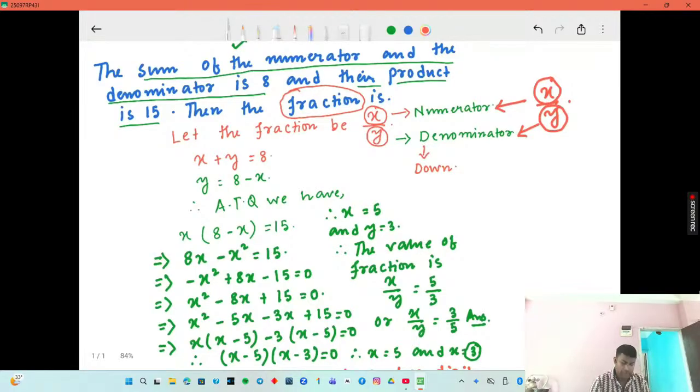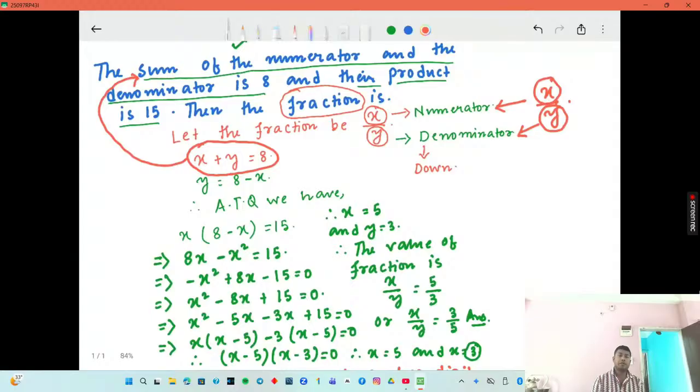Now here the question is given as the sum of the numerator and the denominator is 8. So I have written here x plus y is equal to 8. I can write it because the condition of this question is given like this, as x is the numerator and y is the denominator.